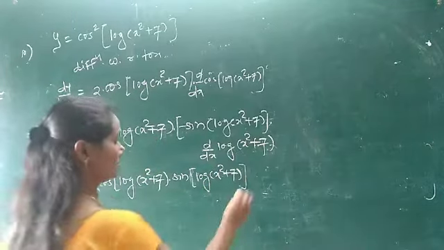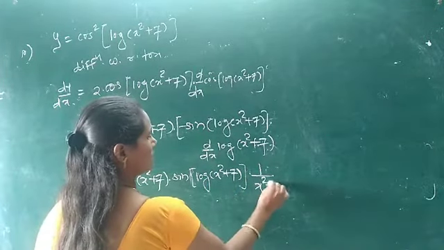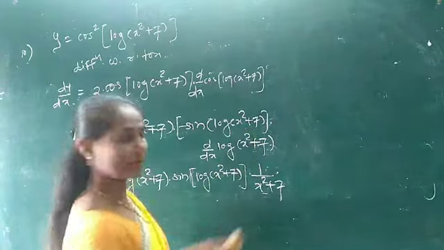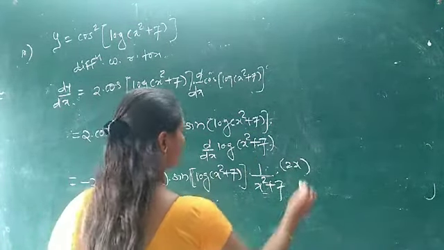That is 1 upon x square plus 7 into the derivative of x square plus 7, which is 2x.